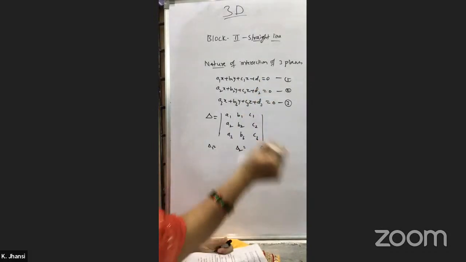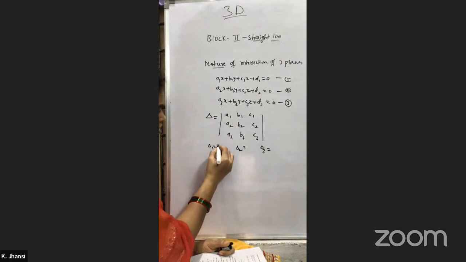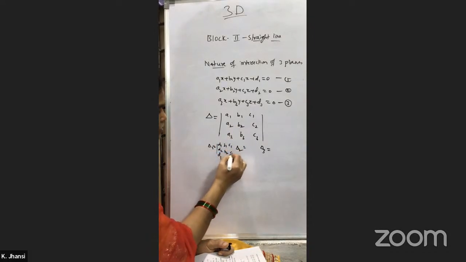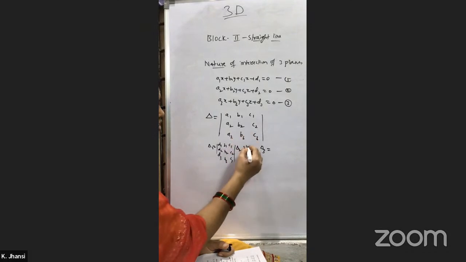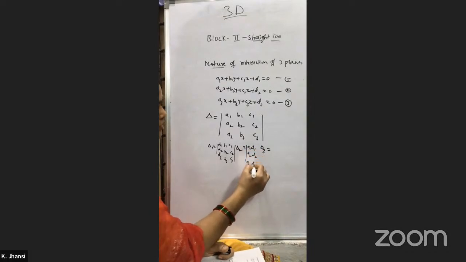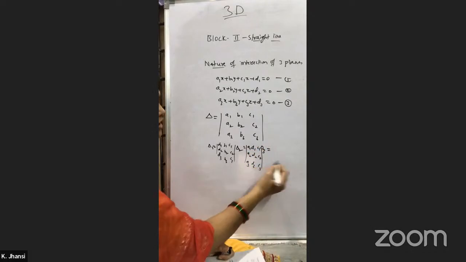Delta 1 means instead of this column, you write D1, D2, D3, next B1, C1, B2, C2, B3, C3. This is delta 1. Then A1, A2, A3, here D1, D2, D3, and here C1, C2, C3, determinant of this one.